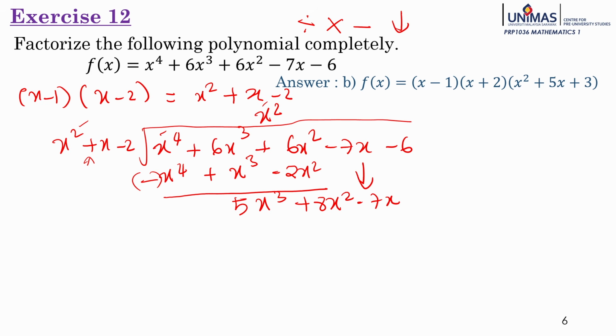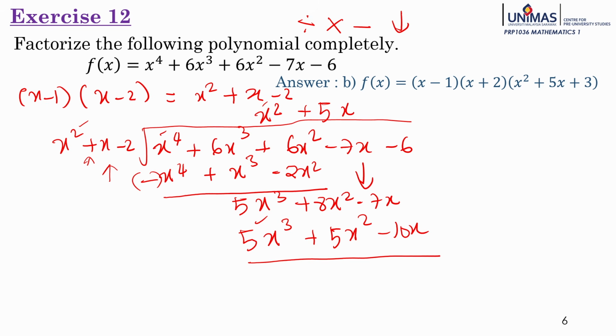Repeat the process. 5x cubed divided by x squared, you get plus 5x. Times this, you get 5x cubed plus 5x squared minus 10x.